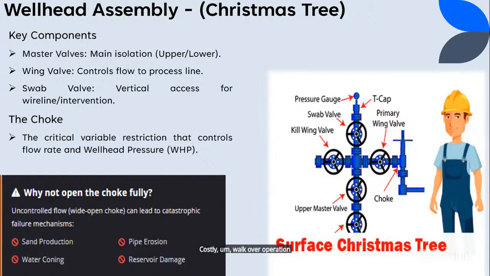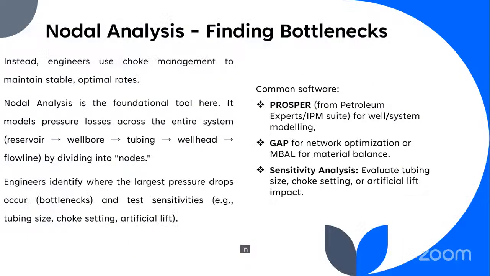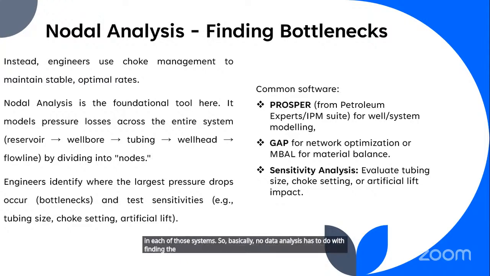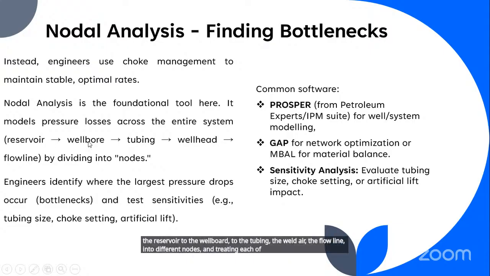So basically, as I'm touching on each of the systems, I'm also giving recommendations on how we can optimize production in each of those systems. Nodal analysis has to do with finding the bottlenecks by dividing the entire system, the reservoir, the wellbore, the tubing, the wellhead, the flow line, into different nodes and treating each of them as nodes.